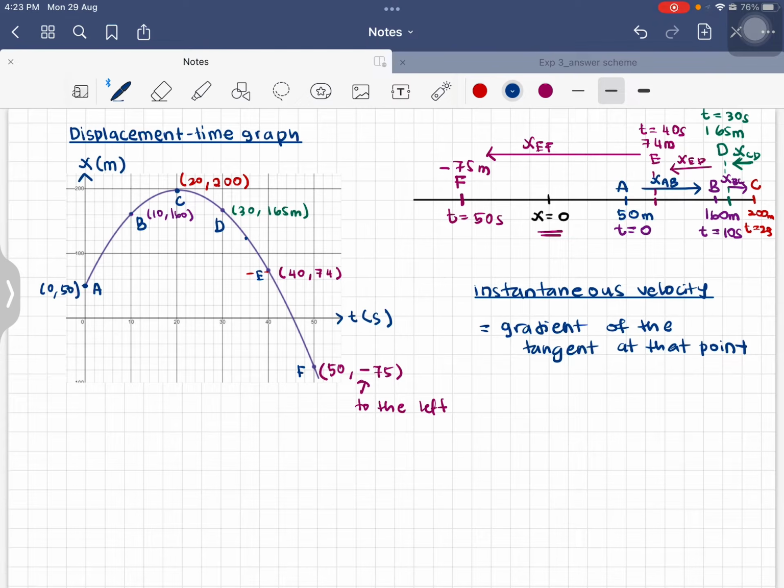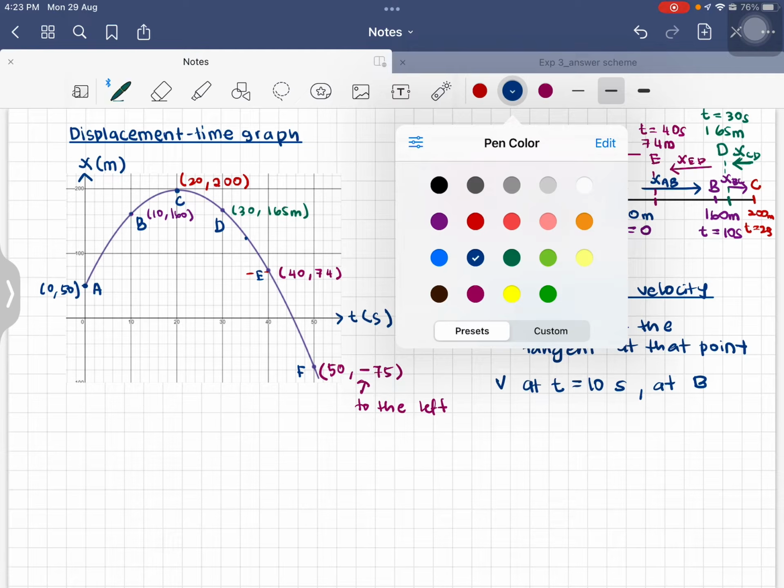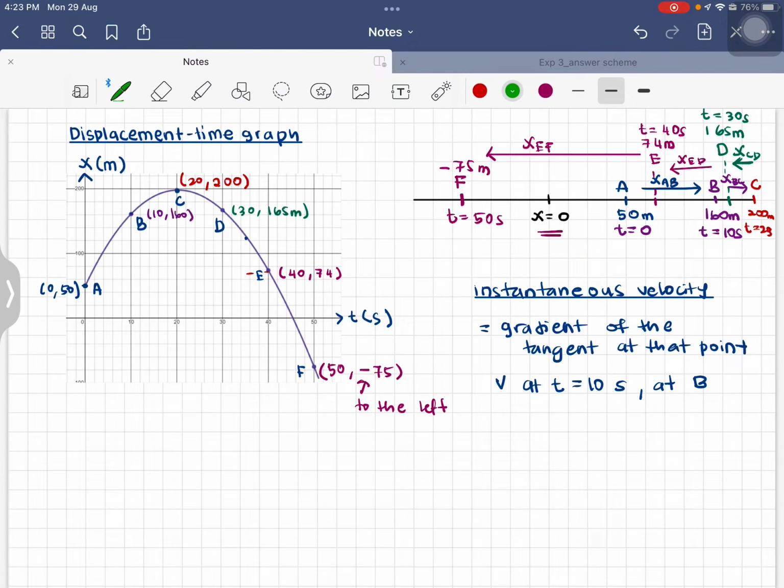So let's say I want the instantaneous velocity at time equal to 10 second, which is at point B. Okay, apa yang awak perlu buat adalah awak kena cari gradient, satu garis, which is, we will get it something like this.